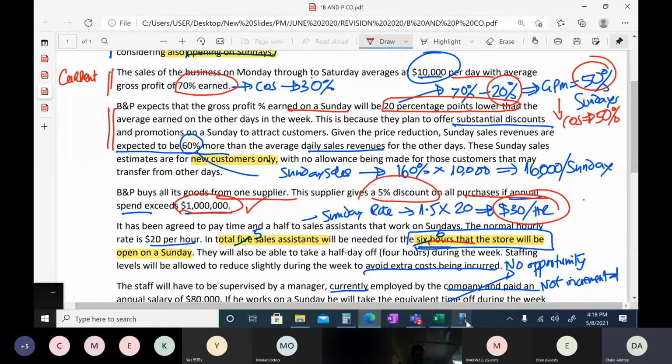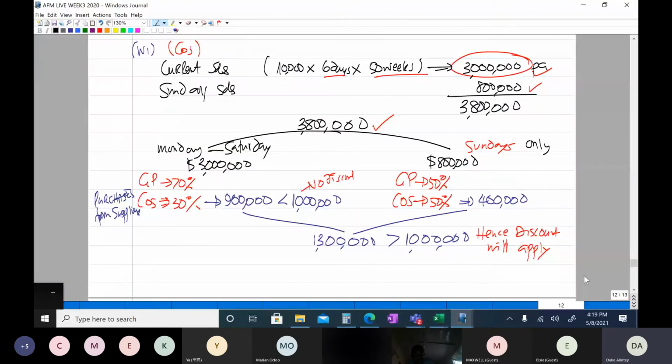Okay, so based on this, we want to see if we add on, as it is here, the 3 million gives us a gross profit of 70% of this, which will be 2.1 million. And so cost of sales will be 900,000. Now the 900,000 is below the threshold.